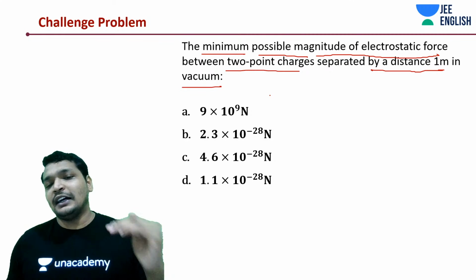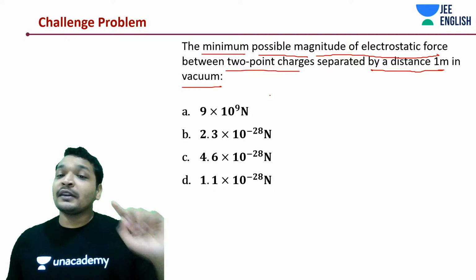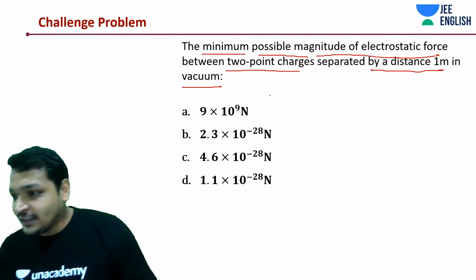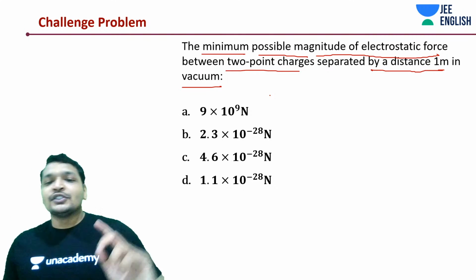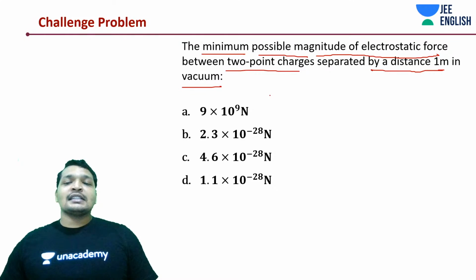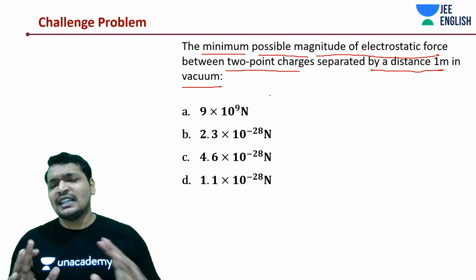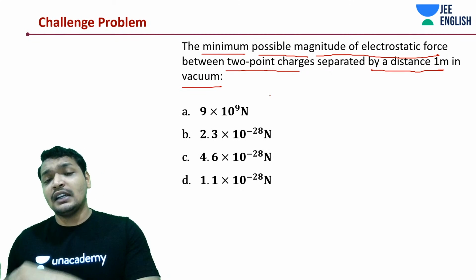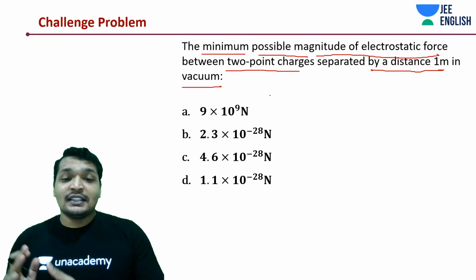But there is a concept involved in it, it's not mathematical. Try to guess the answers, but not just guess, try to understand the concept. That is the most important part.